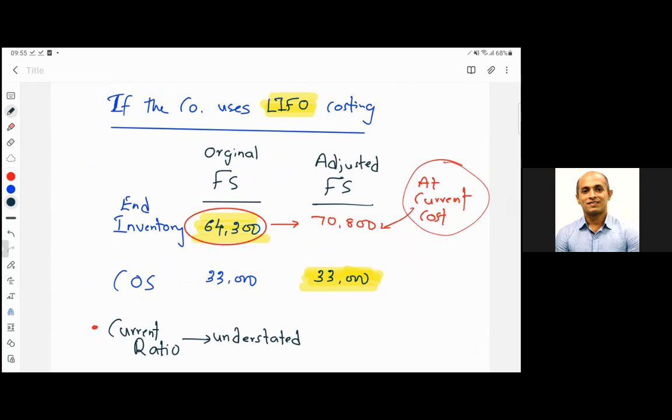Therefore, we need to bring the ending inventory value to the current cost. Otherwise, certain ratios are understated or overstated. Certain ratios are affected. Then your analysis will become useless. Right.